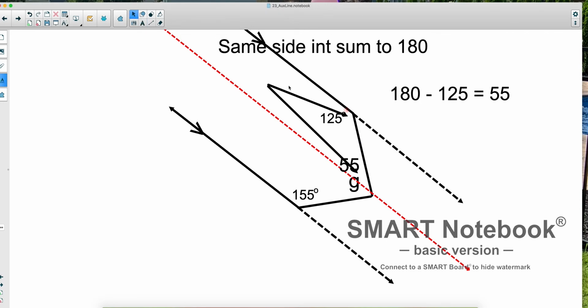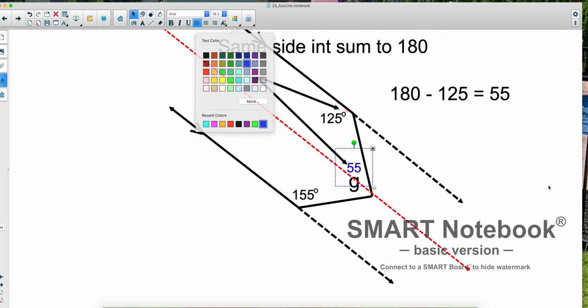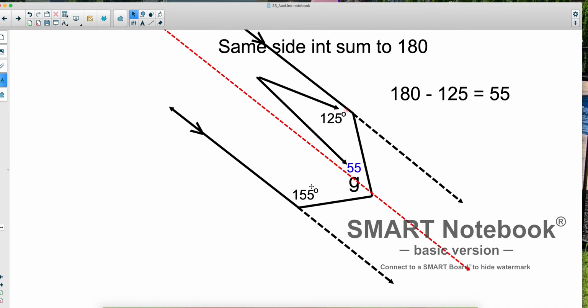And make this nice and neat. Just give me 1 second. This little angle here. Okay, so now this is 55. Blue, great. And I have the same relationship down here, right?